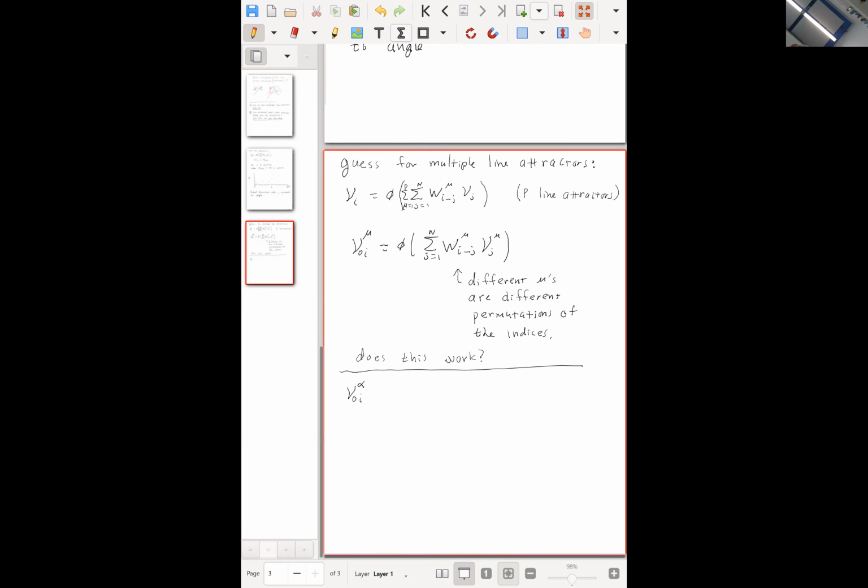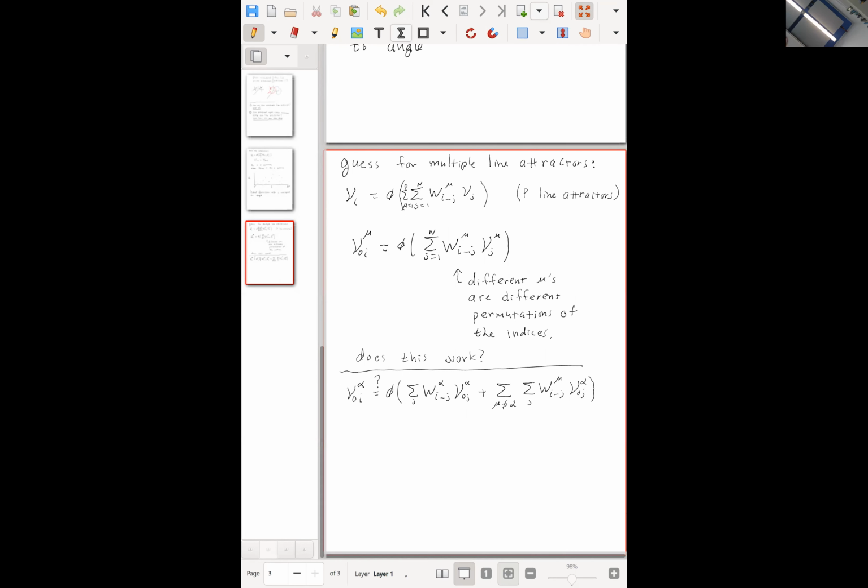Alpha. So nu_i^0 alpha equals phi of the sum on j of W_{i-j}^alpha nu_j^0 alpha, plus the sum over mu not equal to alpha, the sum on j of W_{i-j}^mu nu_j^0 alpha.